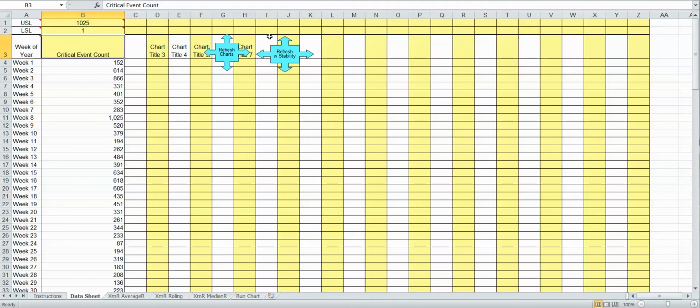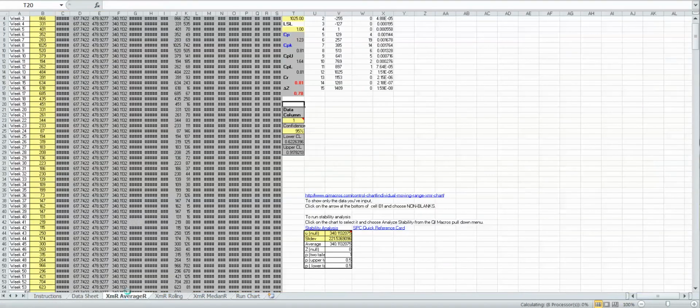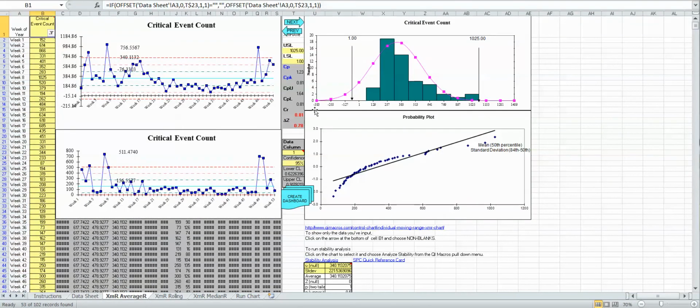Now we're going to refresh our charts, and they give us our process control chart, if you'll recall from your business statistics days. You have 3 standard deviations positive at the top of the chart, and 3 standard deviations negative at the bottom. That's in red.